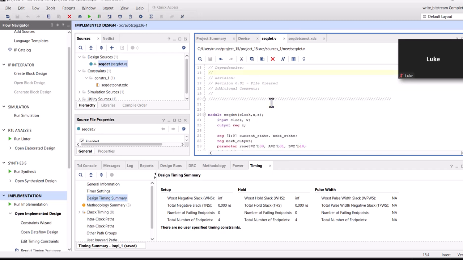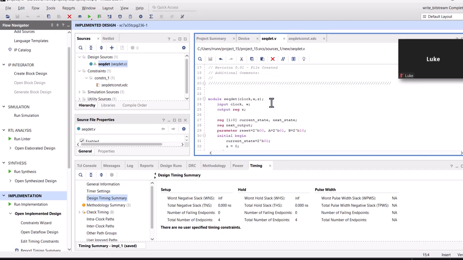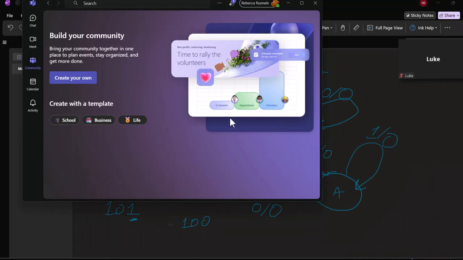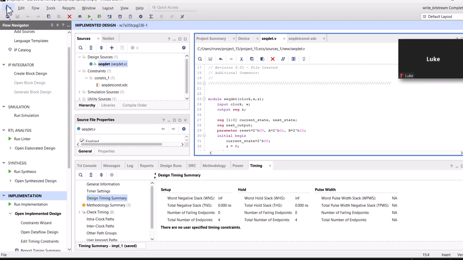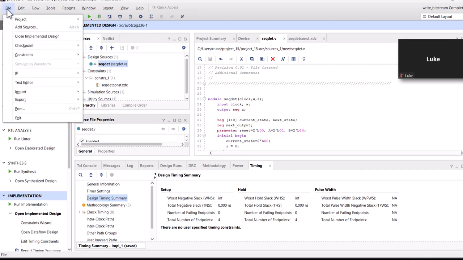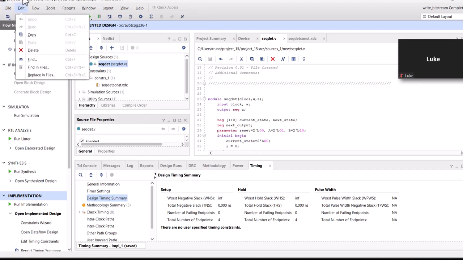Y'all can read that here. I just don't know if people can read it online. Text editor. No.